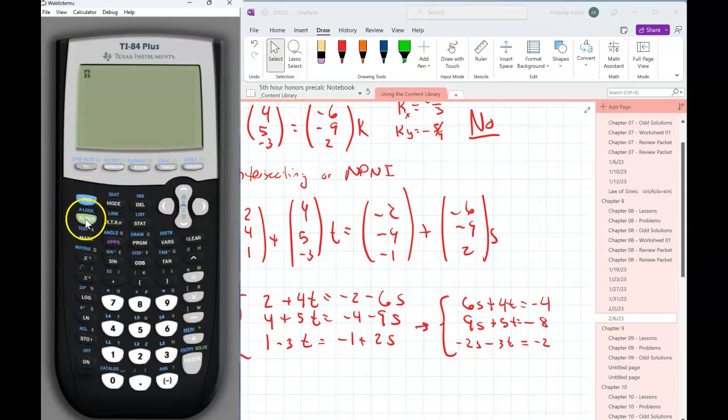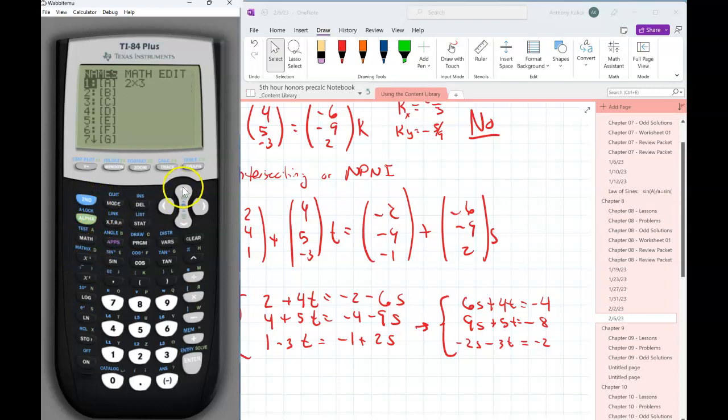So we'll go to matrix, edit, still doing a 2 by 3, 6, 4, -4, and 9, 5, -8.